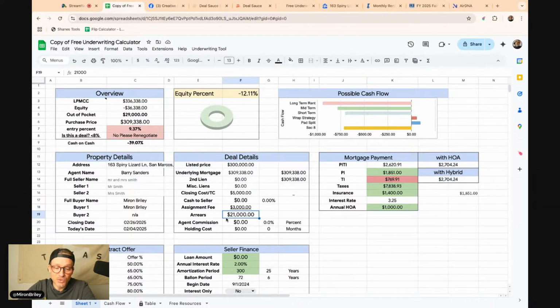So if they said, hey, it's $21,000 in arrears, I would go, okay, well, I can pay that 21,000, but I cannot pay agent commission. I cannot pay cash to seller. If I were to give the agent 6 grand, now I'm like 27, 32 out of pocket on a $300,000 house. I don't have any room for an assignment.